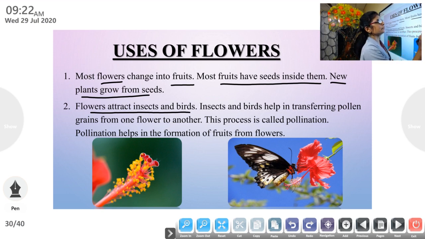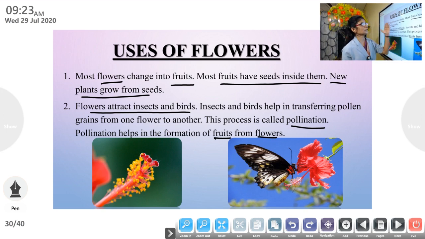Insects and birds help in transferring pollen grains from one flower to another, and this process is known as pollination. Pollination helps in the formation of fruits from flowers.